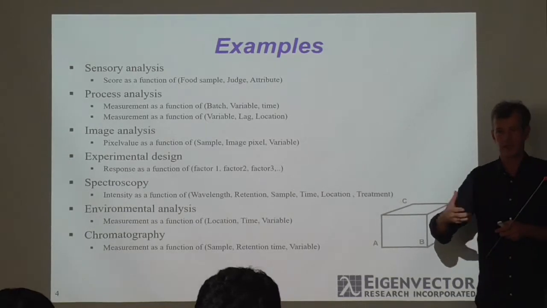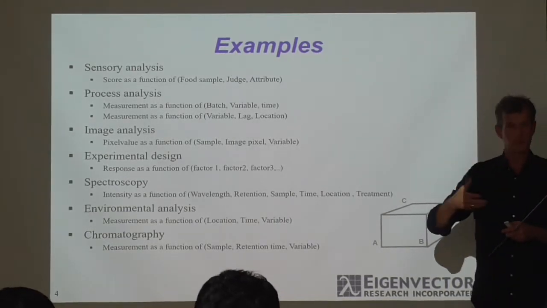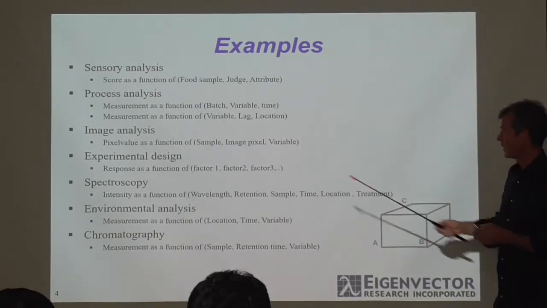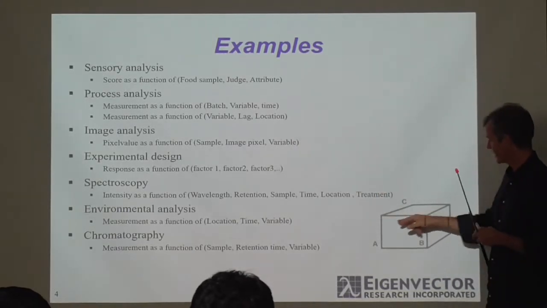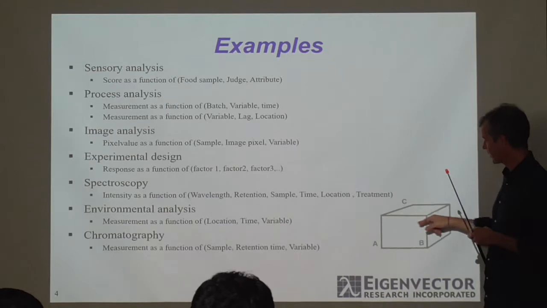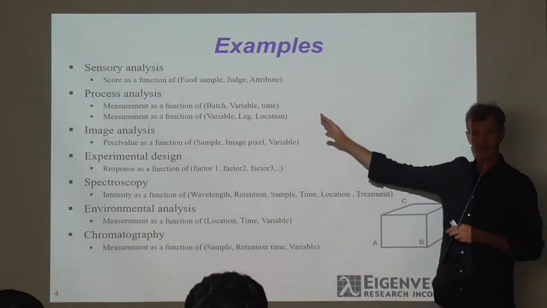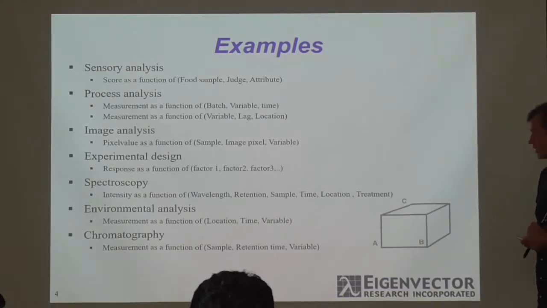What's the saltiness, what's the earthy flavor, what's the off flavor, what's the sweetness, all these things. That's a three-way array. Or in process analysis, if you have different batches of data, you monitor the variables over time. Now you can see there's a lot of places where you have three-way data instead of just normal two-way data.